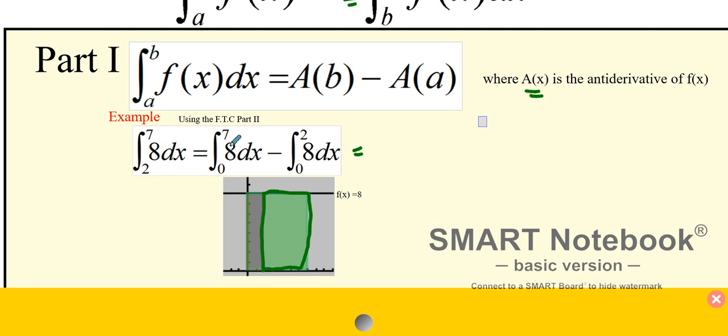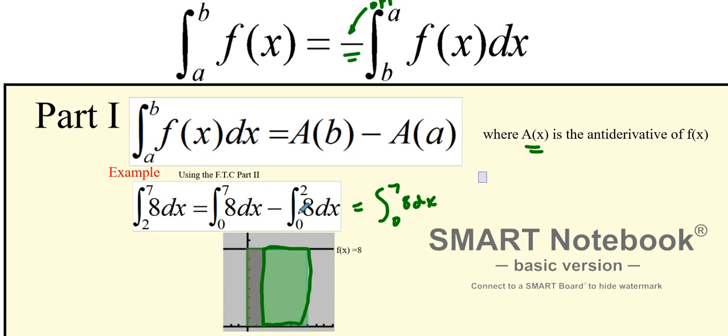This works out because I can take this 8 dx, and because of using this other property, notice that this is not transitive, but I can verify that this equals, because if I flip this, I go from 2 to 0, which doesn't really make any sense, but we know that equals the integral from 2 to 7 of 8 dx. And there we go. So we just proved the fundamental theorem of calculus.